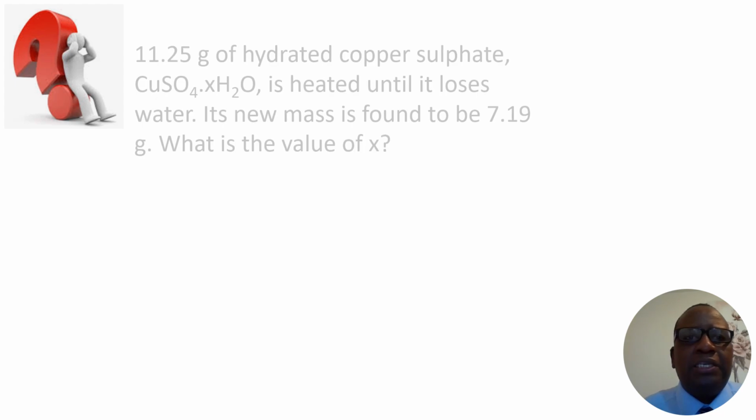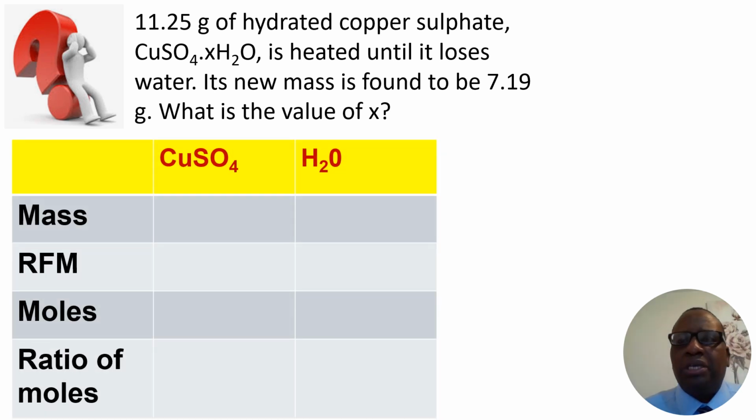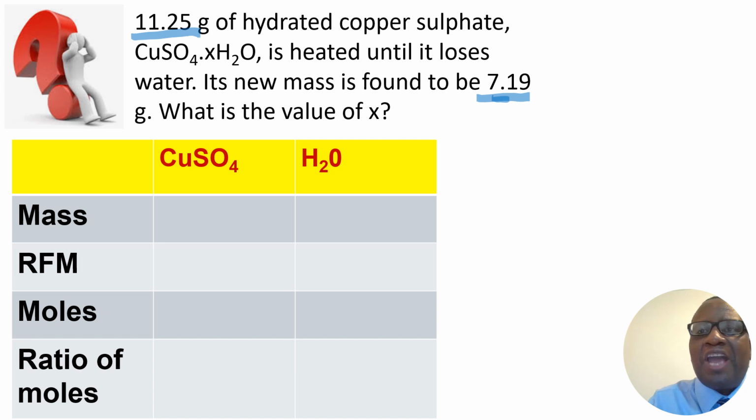What we're going to look at next is another type of question that you can meet in your exams. Now this is a bit more complicated, but we can use the table method to unravel this one. Let's go. We are given the mass of the hydrated copper sulfate, and it is heated, it loses water, and its new mass is the mass of the anhydrous, the dry.